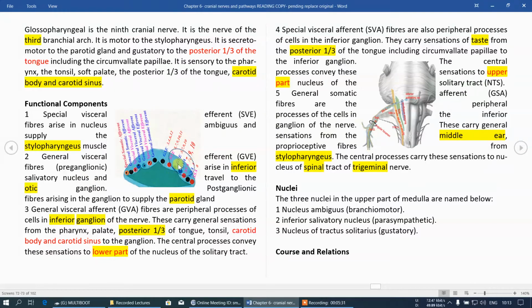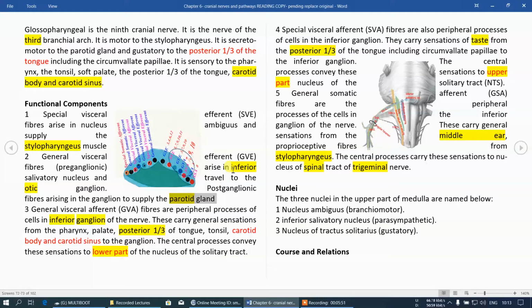In the general visceral efferent component, next is going to the parotid gland, and the pathway starts from the inferior salivatory nucleus, so it will naturally involve the otic ganglion. Remember the diagram of the middle ear cavity.